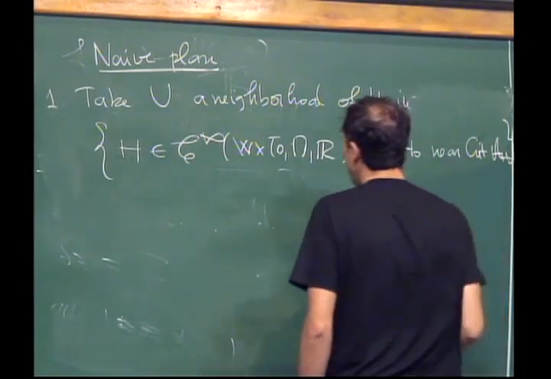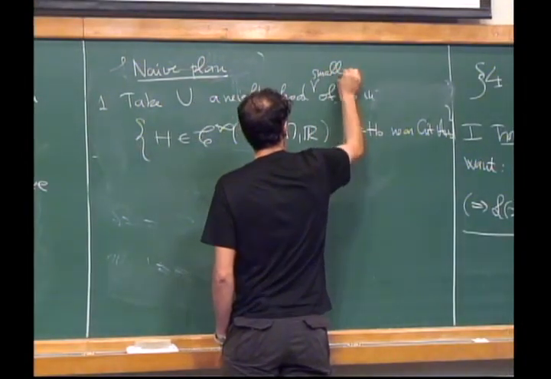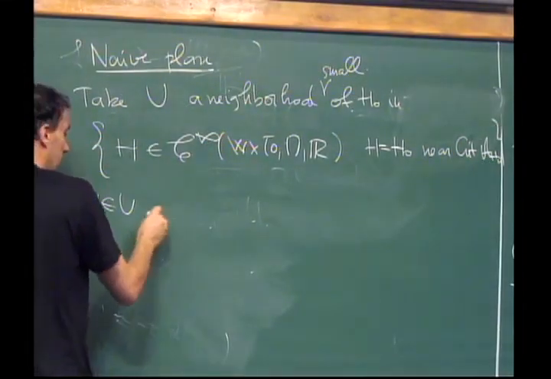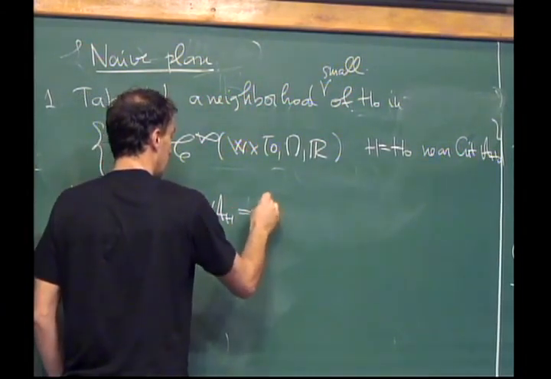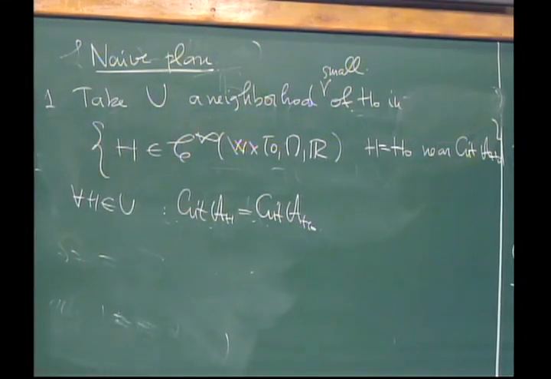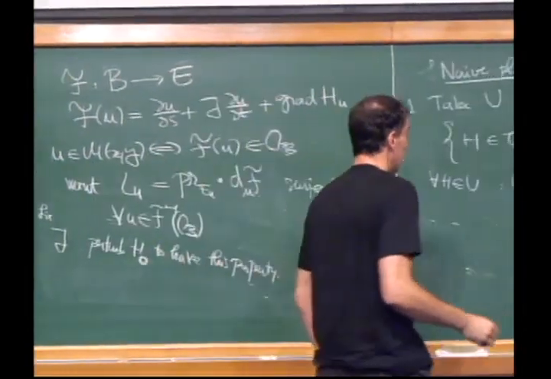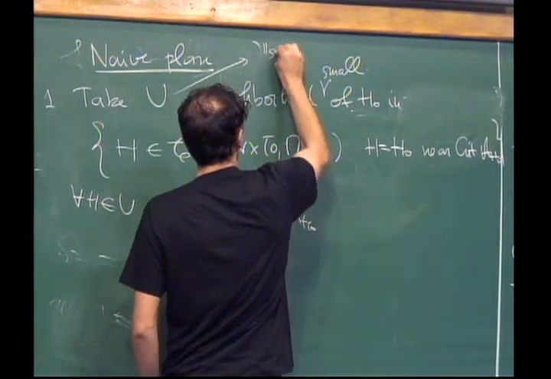And actually, I want this neighborhood small enough so that for any H here, the critical points are the same. I do not want to perturb in order to change the critical points of the function. So I perturb far from the critical points. Okay? So this is kind of, call it, the space of perturbations.